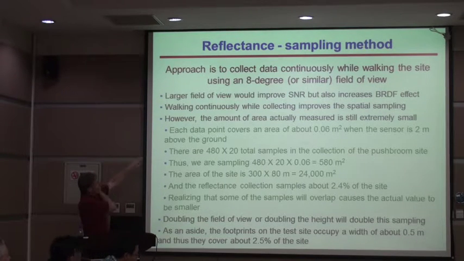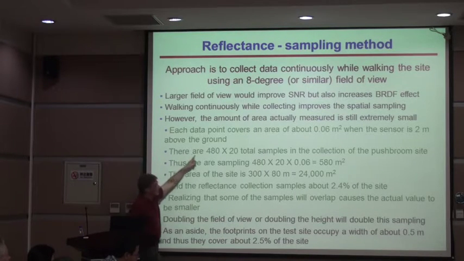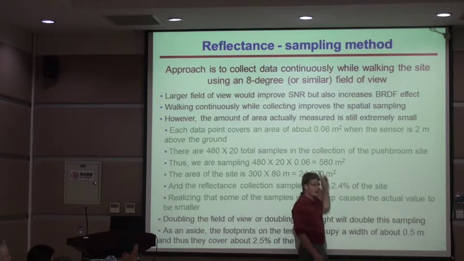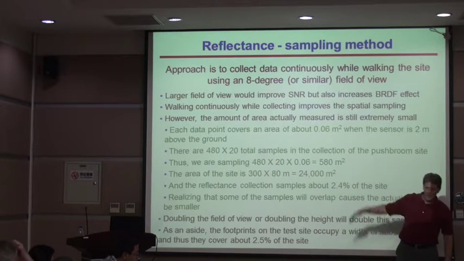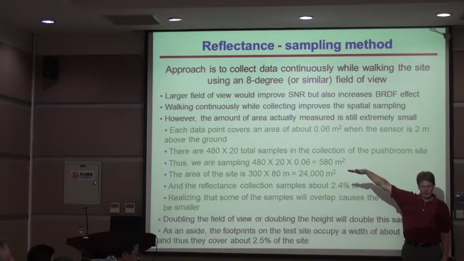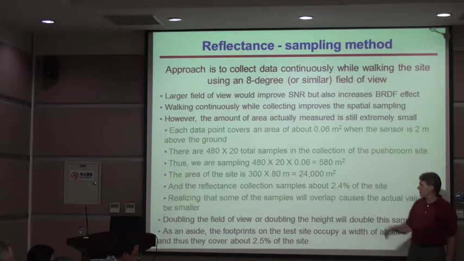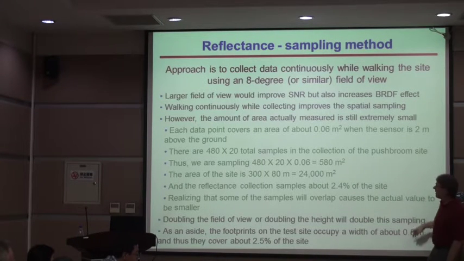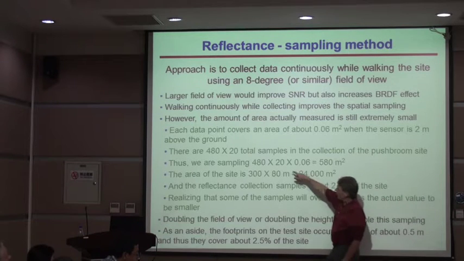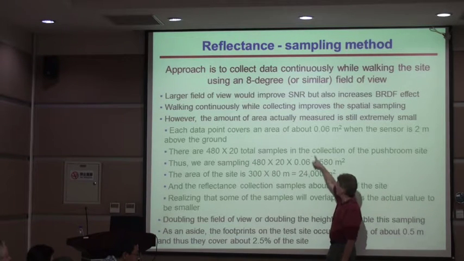Do some quick math. Basically, we're dealing with different fields of view, walking continuously. We did that to hopefully increase the size of the area that we're covering. But basically, each data point is 0.06 meters squared if you're collecting at this height. So that's still a little bit optimistic. Most of us were down here. We have 480 samples times 20 samples.